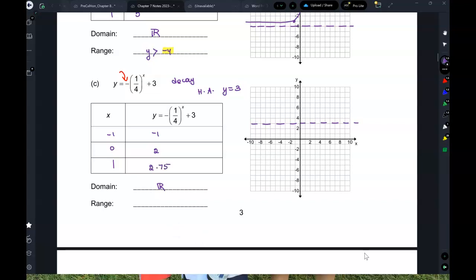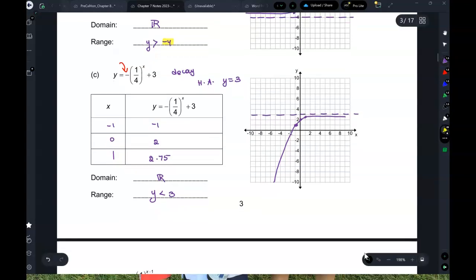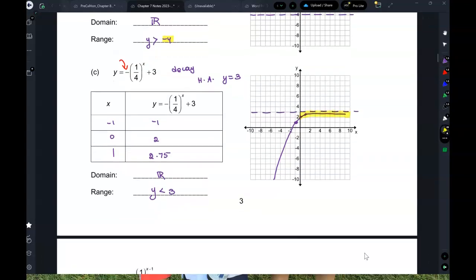Okay, so -1, -1; 0, 2, and it looks like this, right? Okay, so y is less than 3 is right. So this is decay, right? Do you see how as you move far to the right, the graph is approaching the horizontal asymptote, right? So that's the same. This is just a reflection of it.